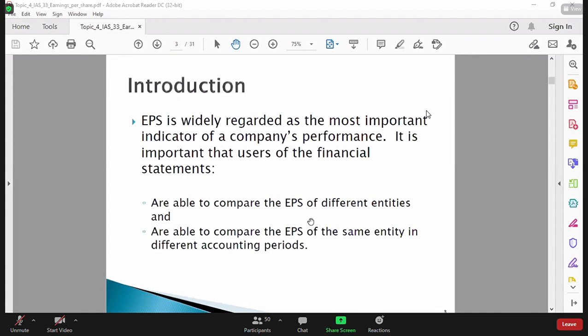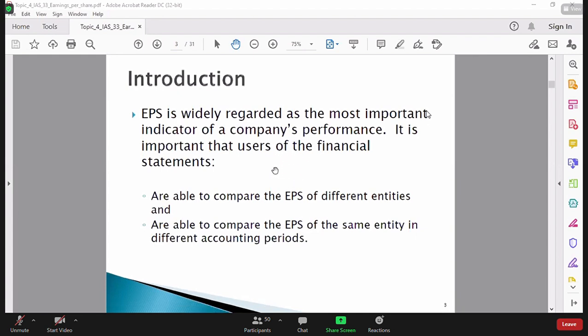Interpret is to tell the users it is an increase or decrease. After that, explain why it is an increase or decrease, for the components, the numerator and also the denominator. So that's what you will do.